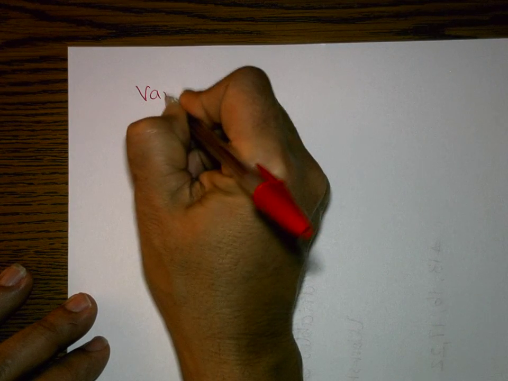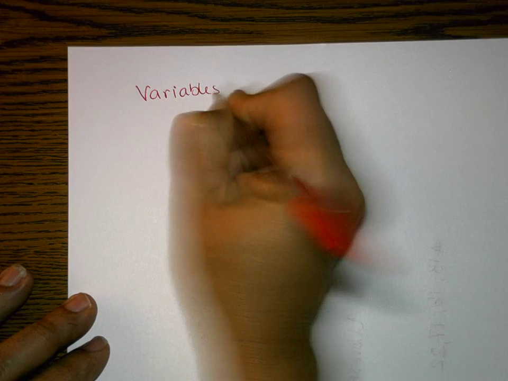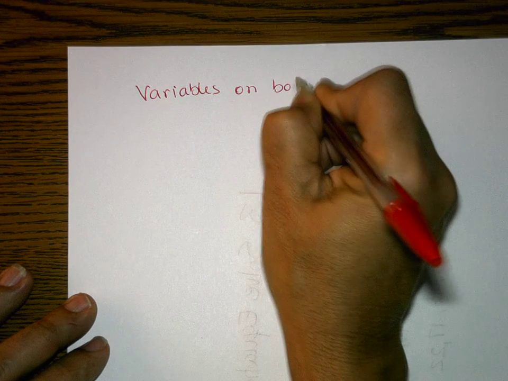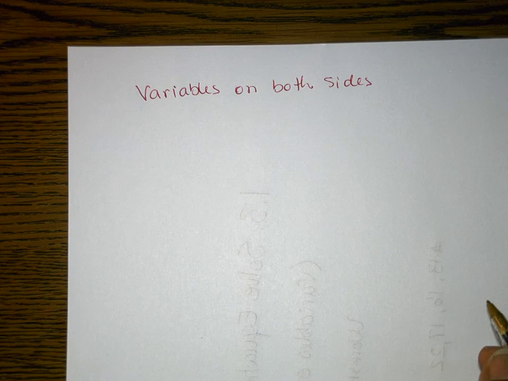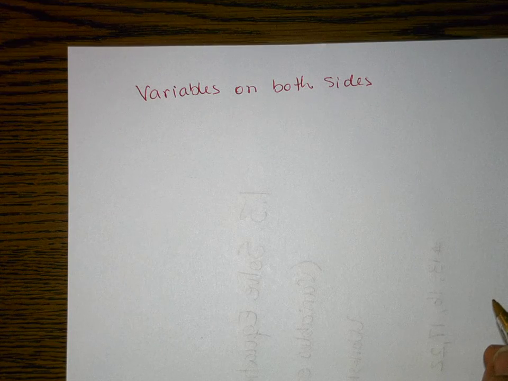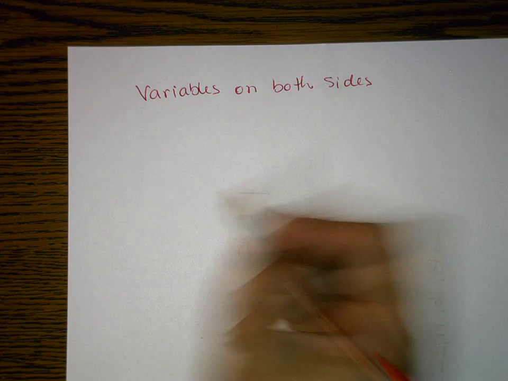Okay, so first, let's go ahead and understand a few things before we even start doing an example. We're going to be solving equations when the variables are on both sides. Let me write a problem so you can understand what this means.